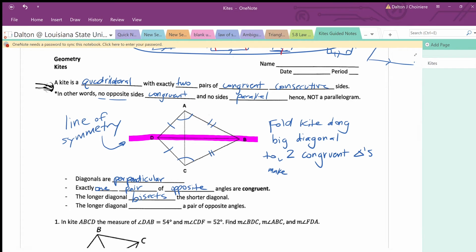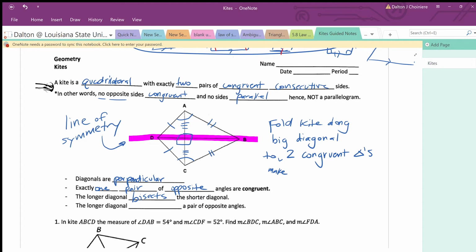So the longer diagonal is DB. It means it cuts the diagonal AC in half, which means the short segment from A to the middle and from the middle to C are congruent to each other. That makes sense because if you fold it over that line of symmetry, you would get congruent triangles.